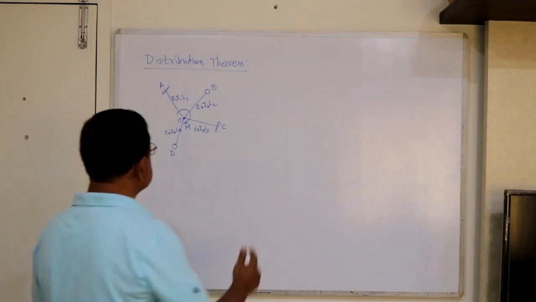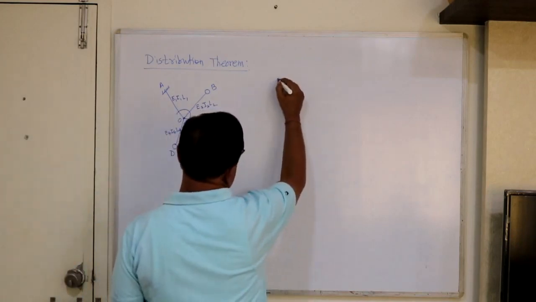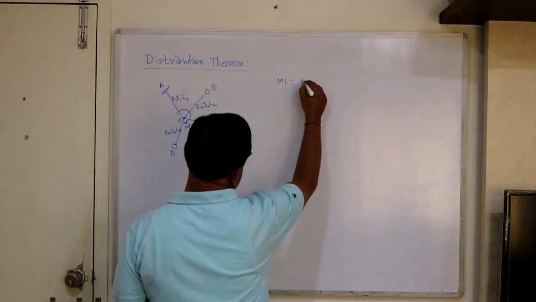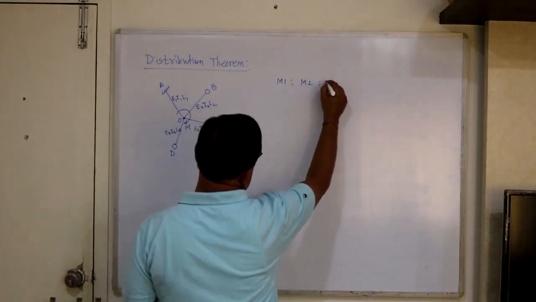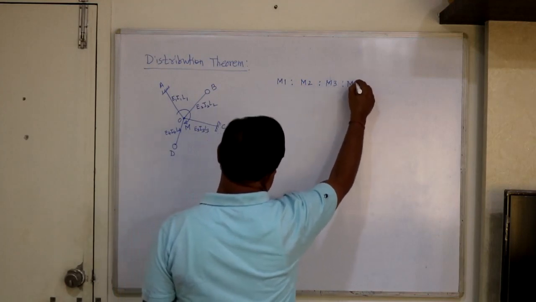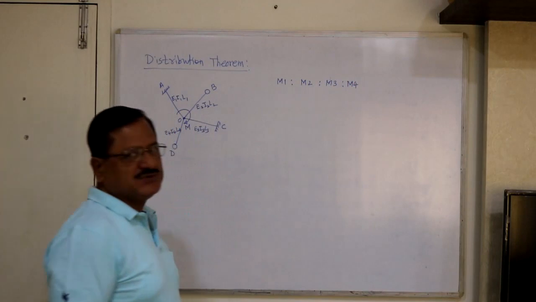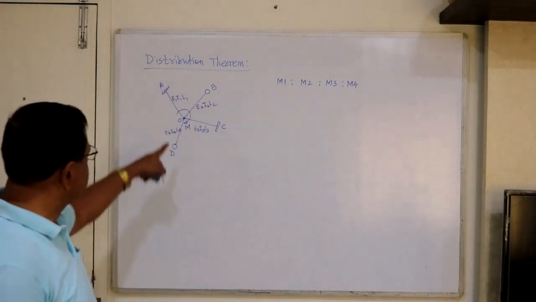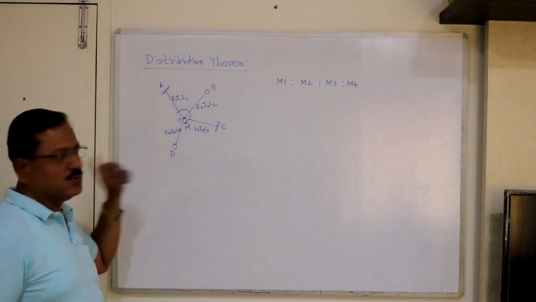That means M gets distributed as M1, M2, M3 and M4 among the members OA, OB, OC, OD.